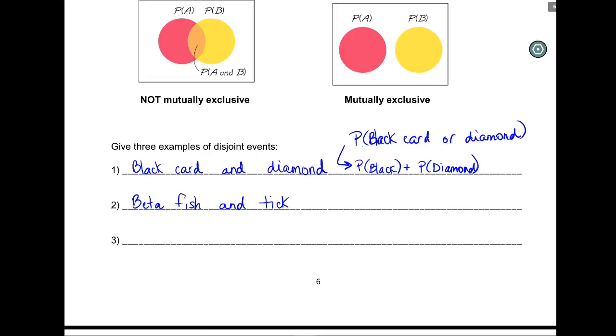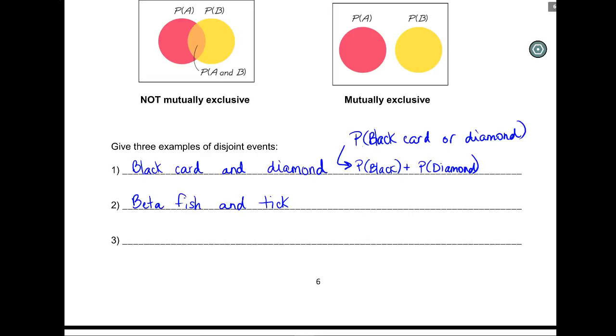Those are two separate events, a betta fish without a tick and a betta fish with a tick. But the idea is you're reaching into a fish tank, and what's the probability that you'll pick up a betta fish with a tick? I'd probably have to say those would be mutually exclusive.